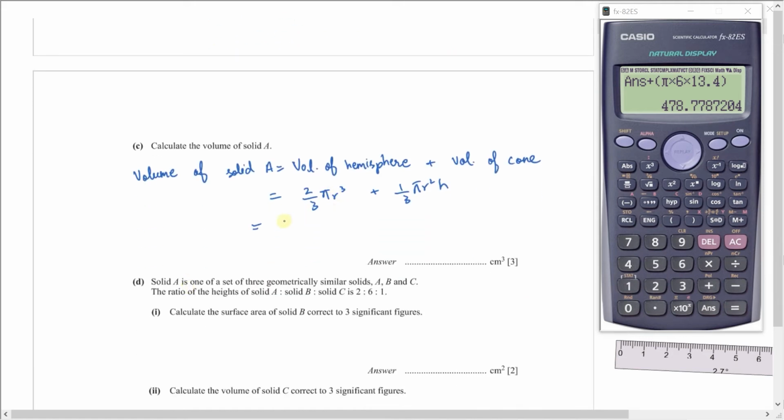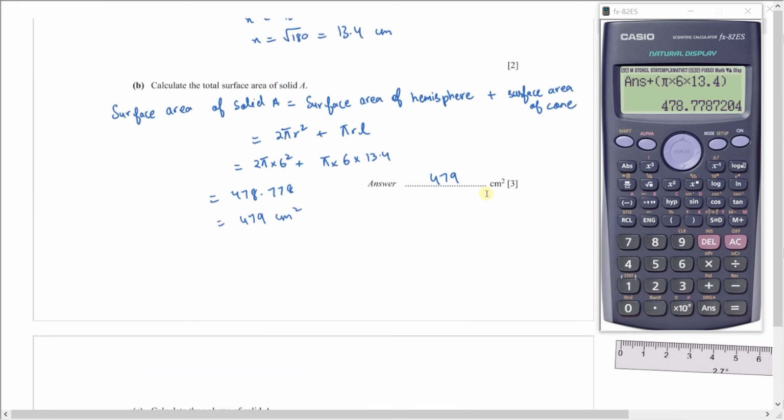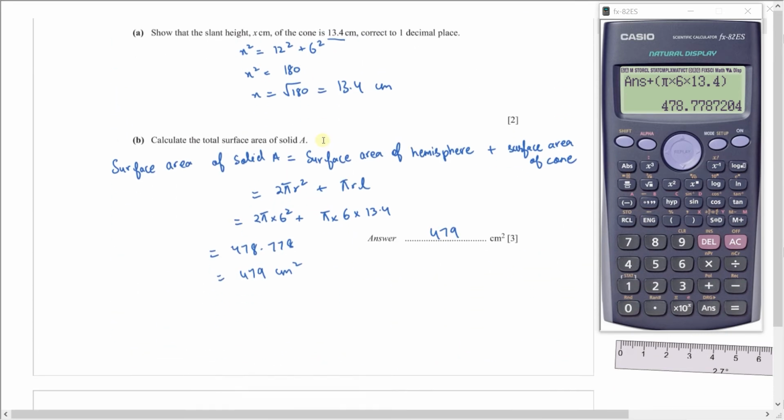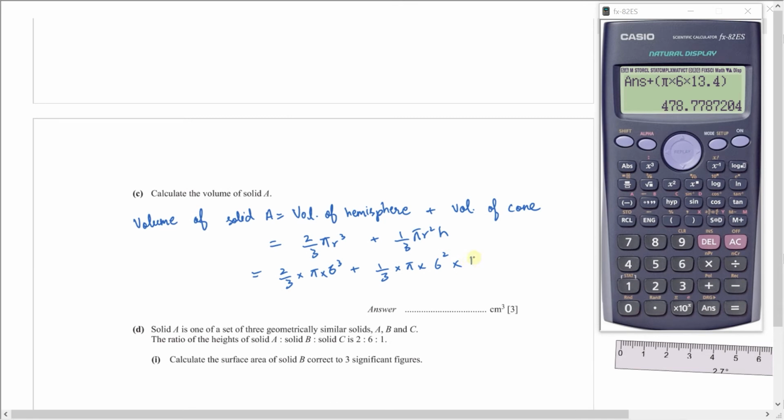Again, the radius is 6. So 2 by 3 into pi into 6 cubed plus 1 by 3 into pi into 6 squared, since the radius of the cone is also 6, into h, the perpendicular height of the cone, which is 12. So now let's calculate this.